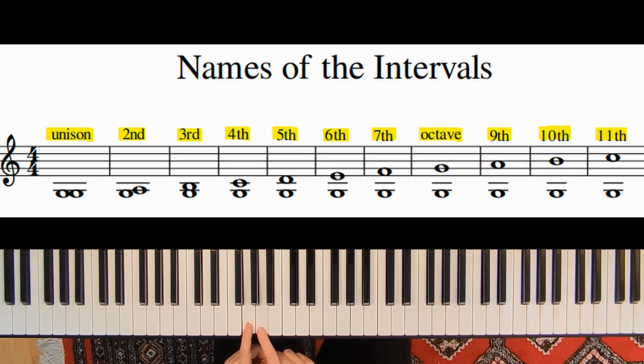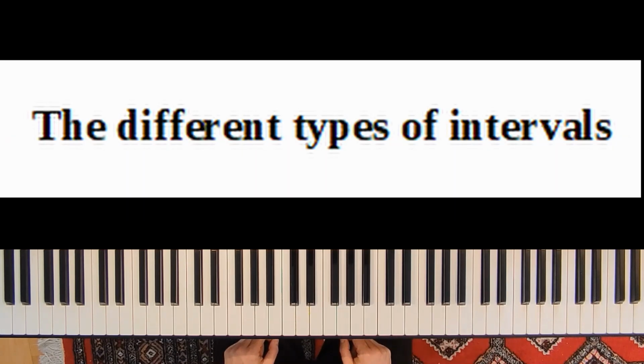Then we have second, third, fourth, fifth, sixth, seventh, and an octave. So always when we have 8 notes, this is called an octave, and then we go on 9th, 10th, 11th, and so on. So this is for the distance of the intervals.